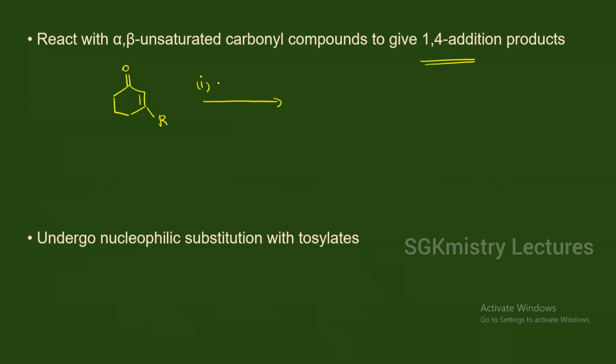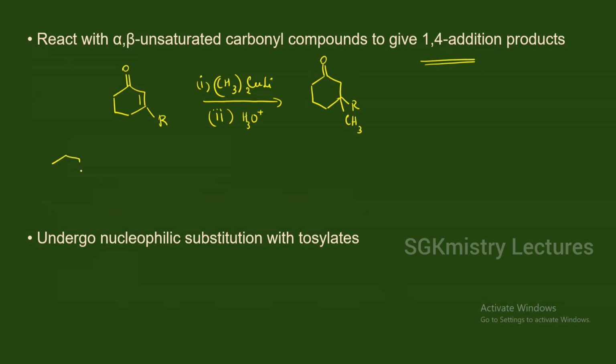If I take the reagent, lithium dimethyl cuprate, (CH3)2CuLi, and on acid hydrolysis, 1,4 addition takes place. So this double bond remains as such. Here the addition takes place. R is already there and the CH3 adds here.